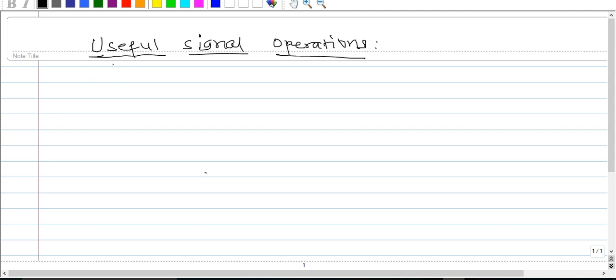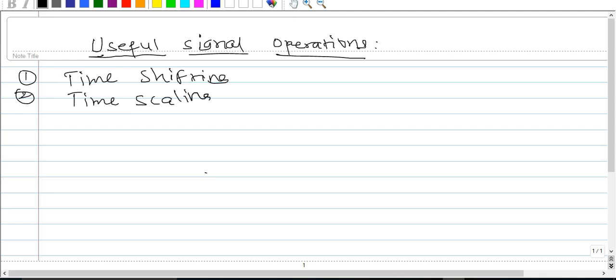The first one is time shifting, then we will see time scaling, and the third one is time reversal. Okay, so let us see. Let us first see what is time shifting.